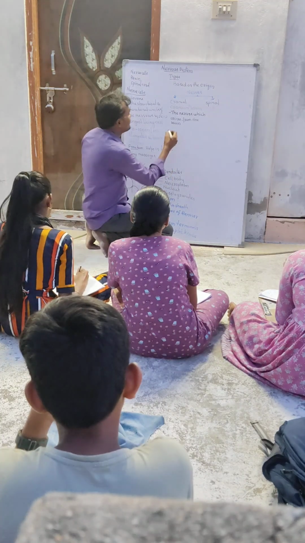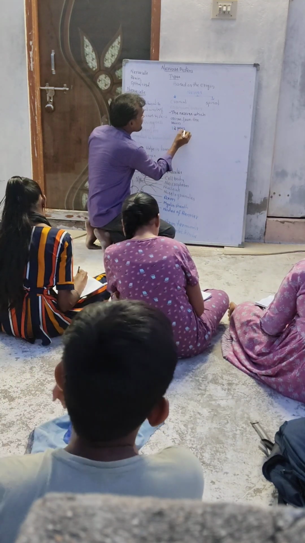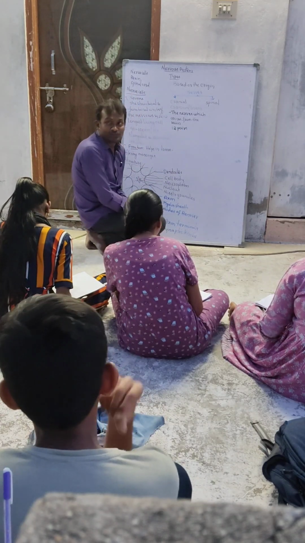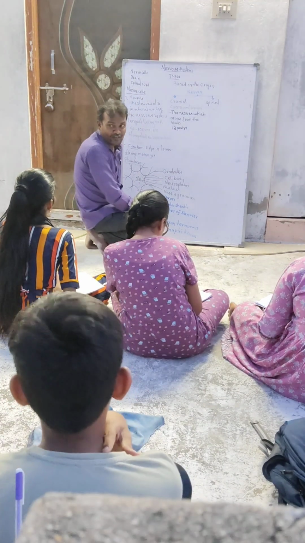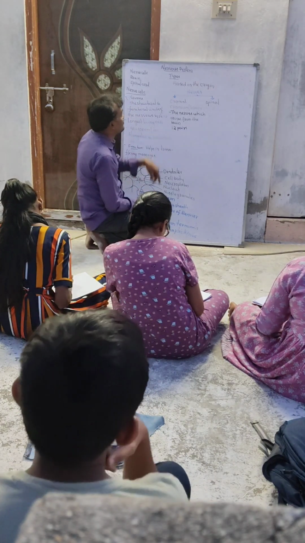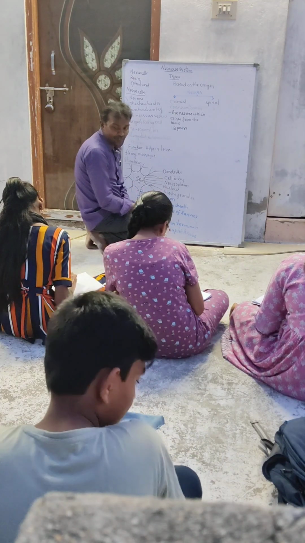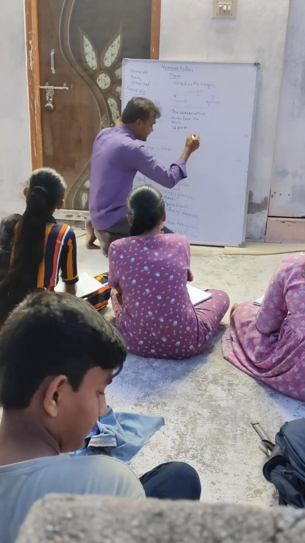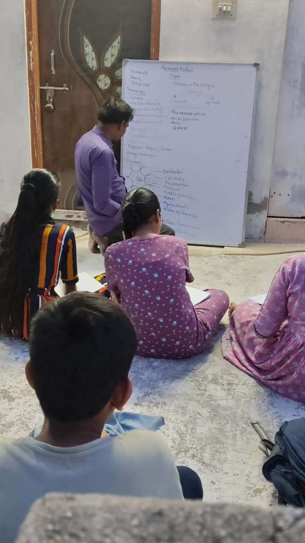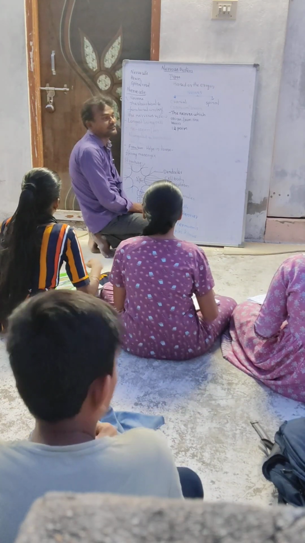There are 12 pairs of cranial nerves present. How many pairs of nerves are present? 12 pairs. This is about cranial nerves. Next, spinal nerves. Here spinal means spinal cord.